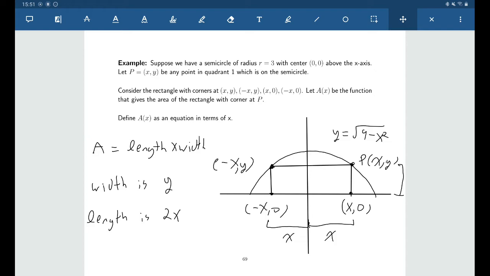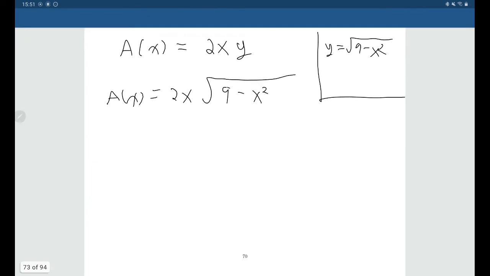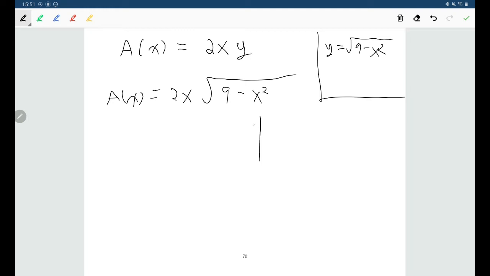If x were any larger than 3, you would no longer be on that semicircle because the semicircle only has a radius of 3. And you can notice with our function A of x that if you were to use a value of x larger than 3, what would be inside the square root would be a negative, which would mean that you would no longer have a real number.